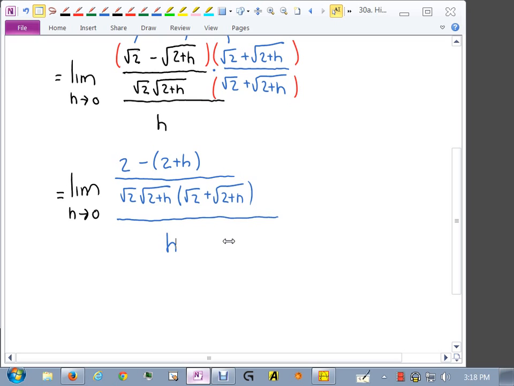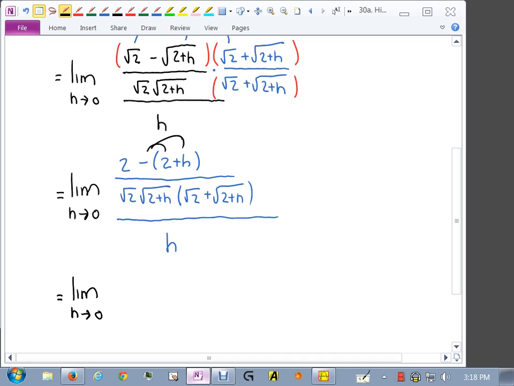Distribute the negative through that parentheses, and good things happen, right? Limit as h goes to 0. What are you left with up there when you distribute that through?